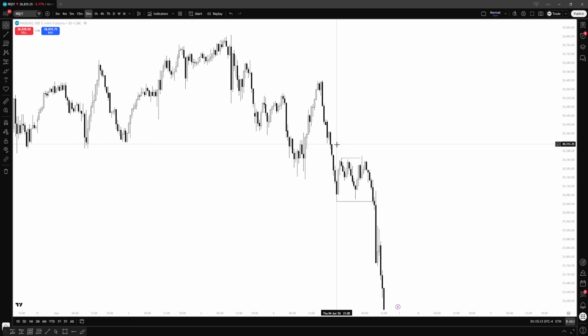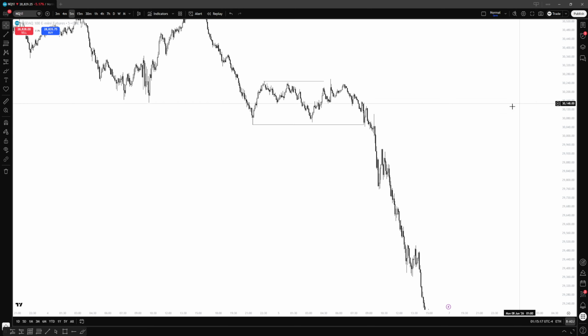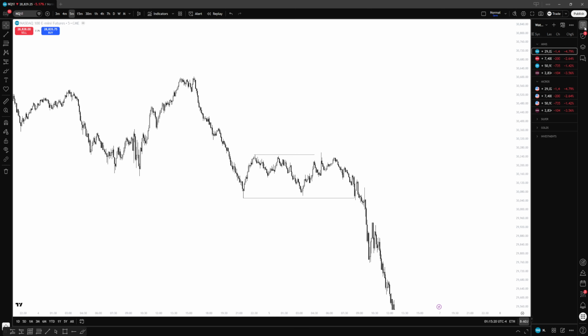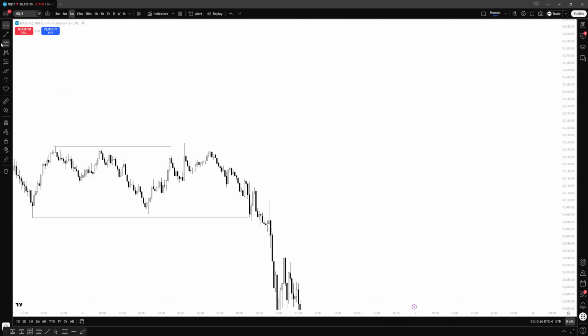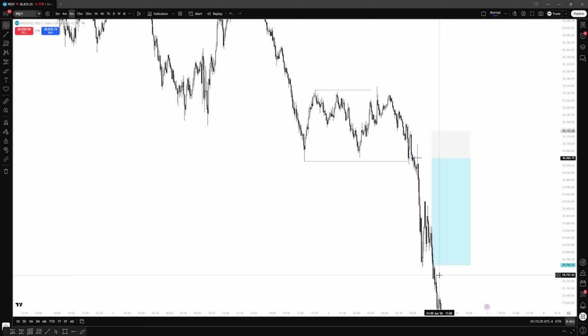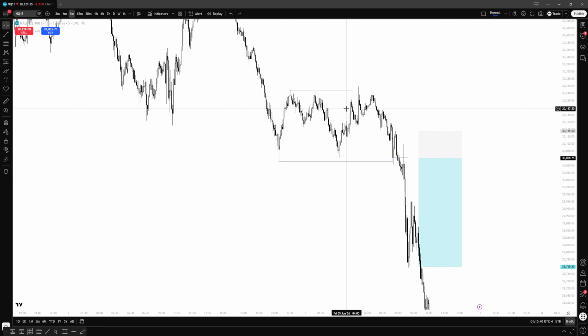We have expansion, consolidation, manipulation, and it comes really far back, which is not ideal, but we have a breakout signature, then we retrace, then we close below. So we can just take our trade like this. And I didn't like this trade that much, just because when I opened, we were already at the ADR.